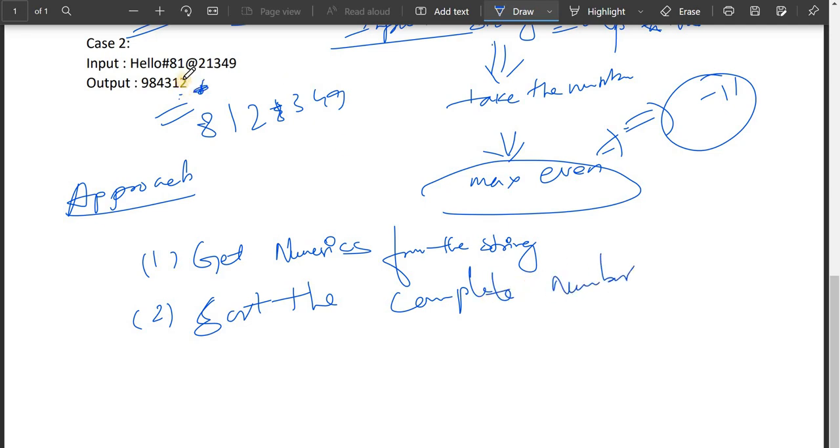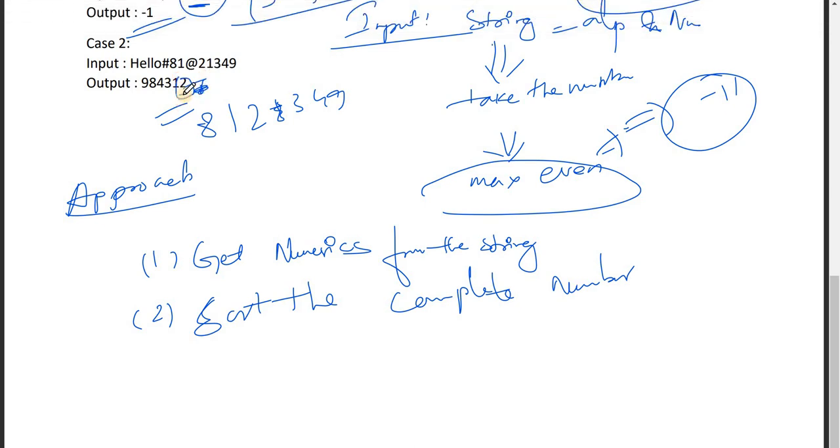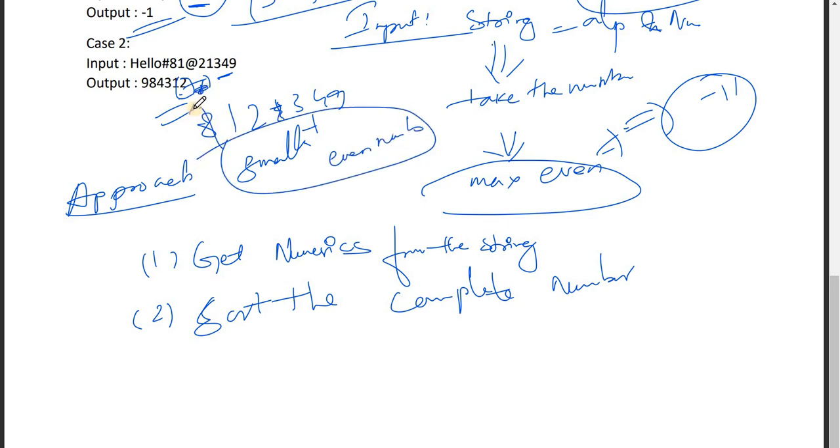And you can observe the number which will be coming at the unit place, that is the first place from the last, that will be the smallest even number. So if we can find the smallest even number, we can just place it at the end, then it will be the max number if we sort the rest. So the third step is to find the smallest even number.